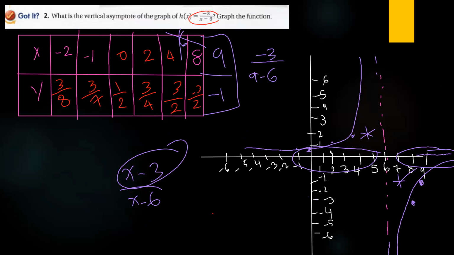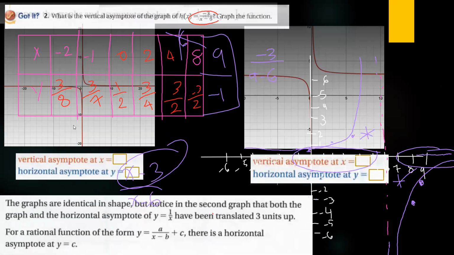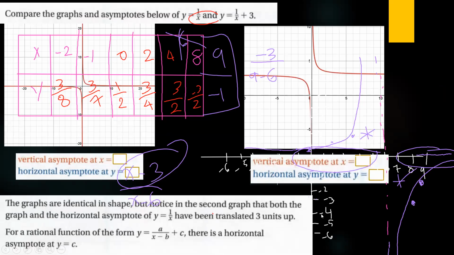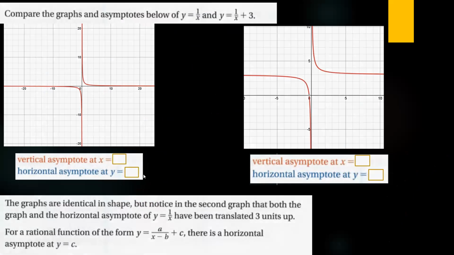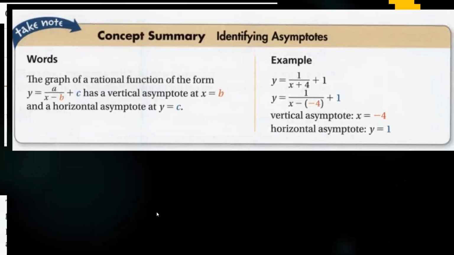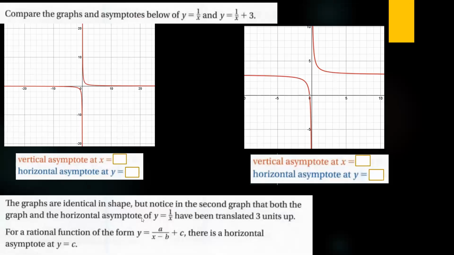Okay, inshallah, tomorrow when we take more examples, you will understand more. Now, we have here 2 minutes left. Let's talk about the horizontal asymptotes. How to know the horizontal asymptotes? Here we have it as 1/x, and here we have it as 1 over x plus 3.